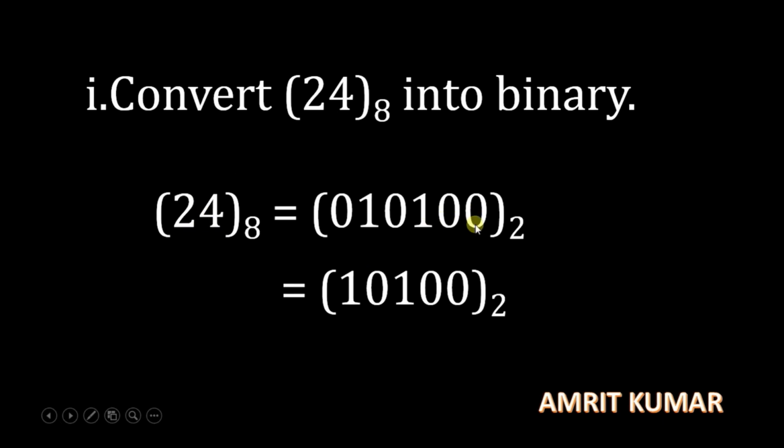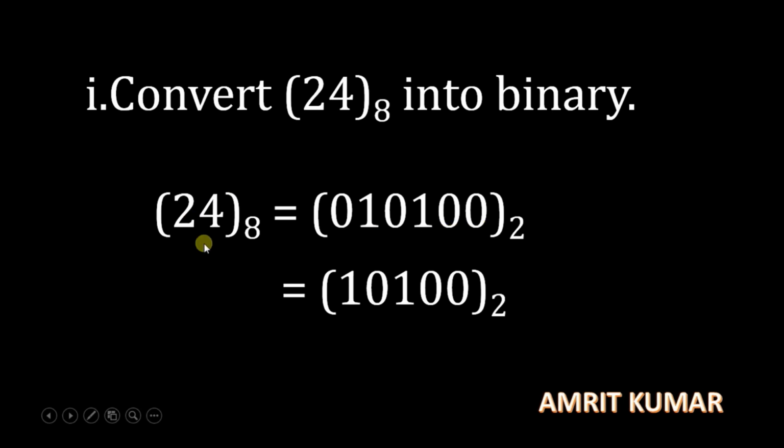Therefore I am using this 3-bit group for representing the digit 4, and this 3-bit group for representing the digit 2 here. So overall we can write this to convert it into binary form. The binary form of 24 to the base 8 is 0, 1, 0, 1, 0, 0.